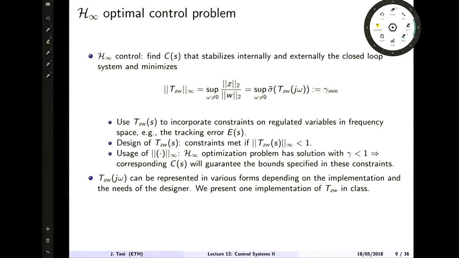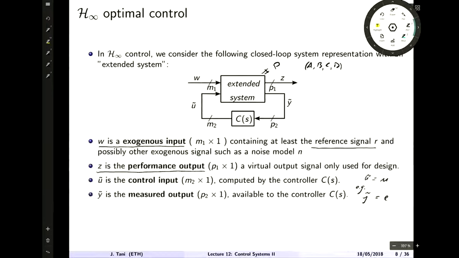Okay, so what does H-infinity control do? It stabilizes internally and externally the closed-loop system, and it minimizes this transfer function from W to Z. So we've seen here, this is the extended system. We are going from W to Z, and so we denote this as TWZ.